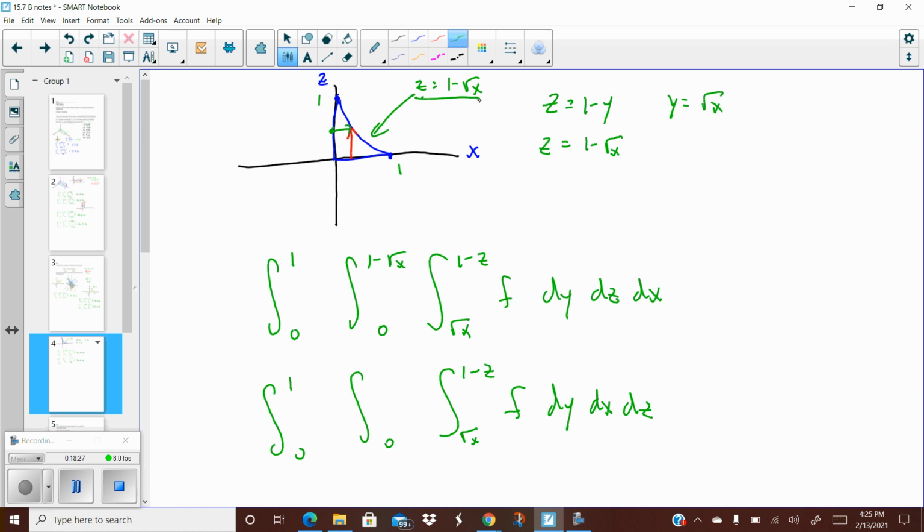So if we do that, let's see, if we add square root of x and subtract 1, subtract z, we're going to get that, and then we have to solve for x, so we have to square both sides. So we would get 1 minus z quantity squared. So that's going to be your upper bound. All right, and as I said, these are not easy to do. Okay, these are very, very visual things to be able to do.